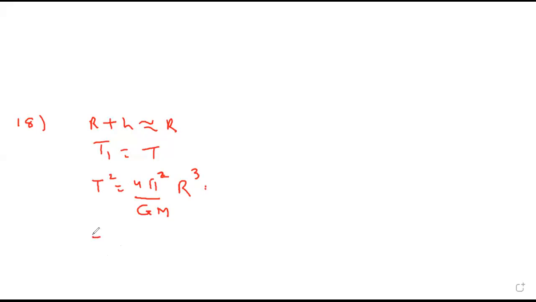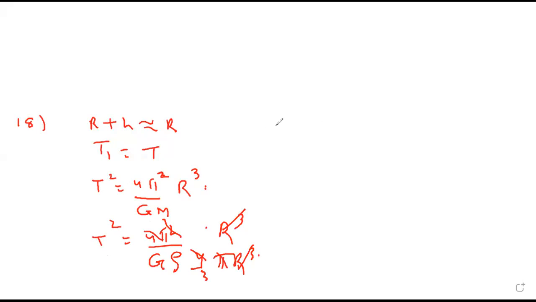Yes. So T square is 4 pi square upon G, and because we want the answer in density, M is rho into 4 by 3 pi r cube, into this r cube. R cube cancels, pi gets cancelled, 4 gets cancelled. So T square is 3 pi upon G rho. From this, rho T square is equal to 3 pi upon G. Now let us see what they have given. Depends upon mass of planet? No. Depends upon radius?